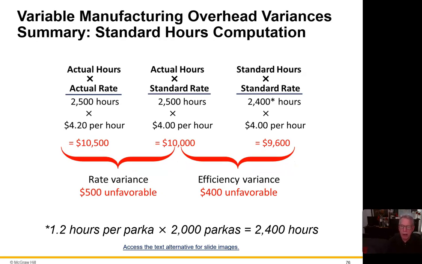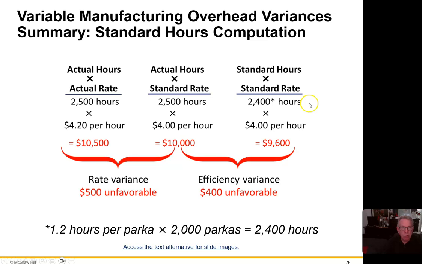Okay, so now how did we get those numbers? The same way we've been doing it. We calculate the 2,400 hours that we had. That was the 1.2 hours per parka, which was our standard, but our actual parkas manufactured was 2,000.